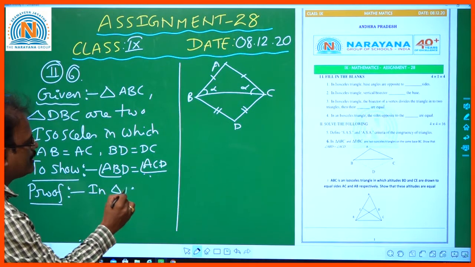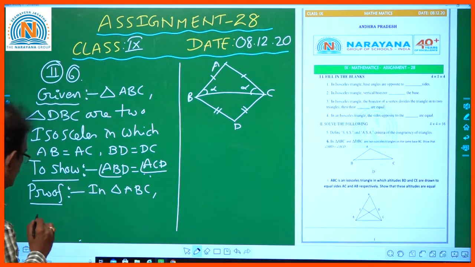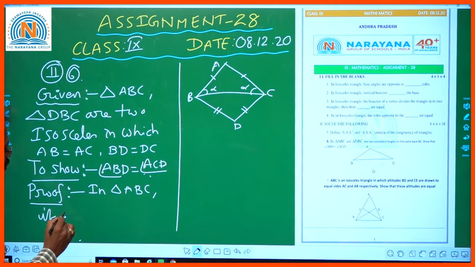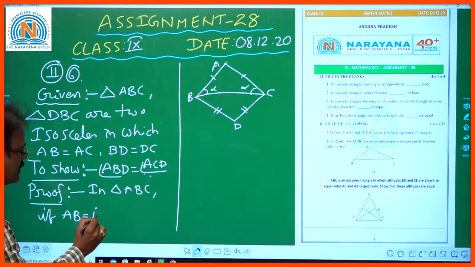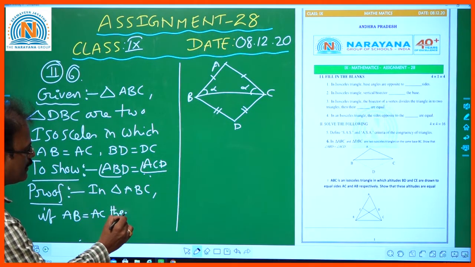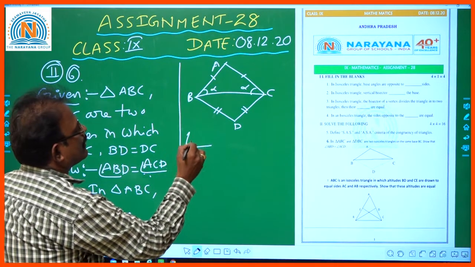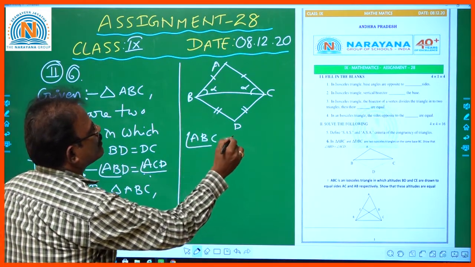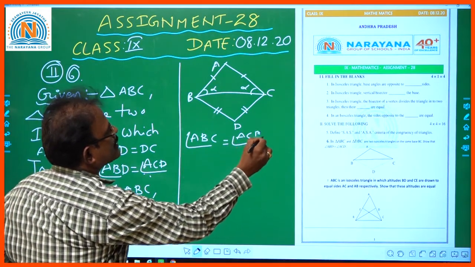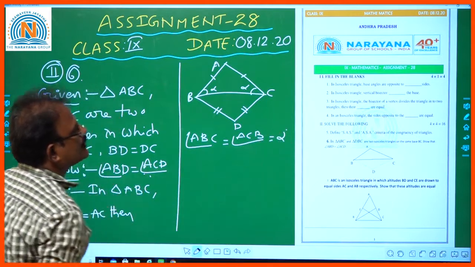That means in triangle ABC, if AB is equal to AC, then angle ABC is equal to angle ACB is equal to alpha.